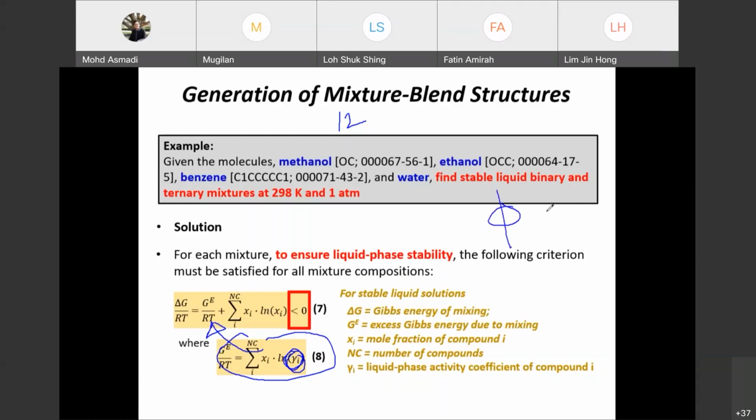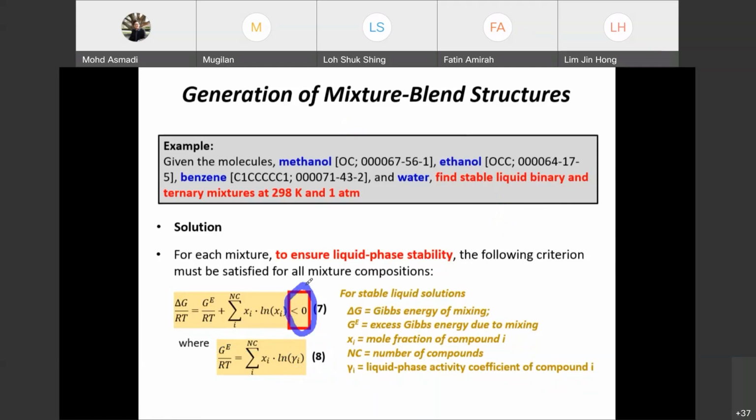Here delta G is the Gibbs energy of mixing: GE over RT plus the sum of xi ln xi. I highlighted this: it should be below zero. If more than zero, that means the liquid phase is not stable, so you have to eliminate it.